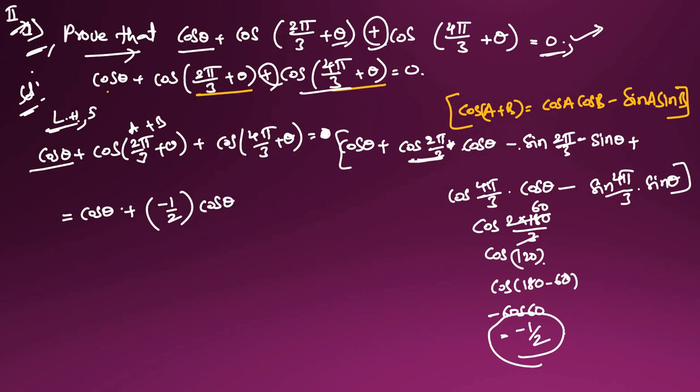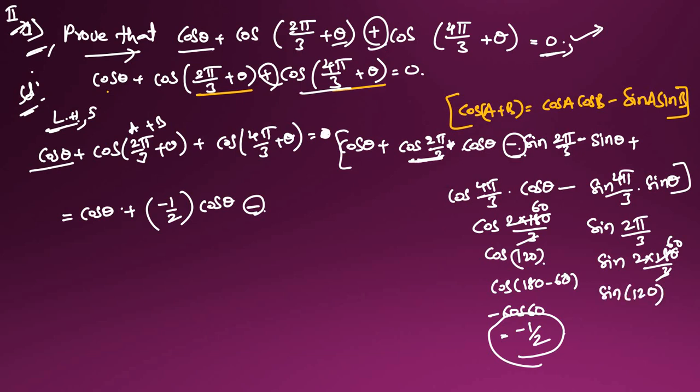Here minus sin 2 pi by 3, we have to find that. Sin of 2 into 180 divided by 3 is 360 by 3, that is 120.